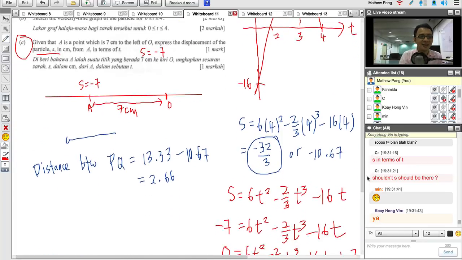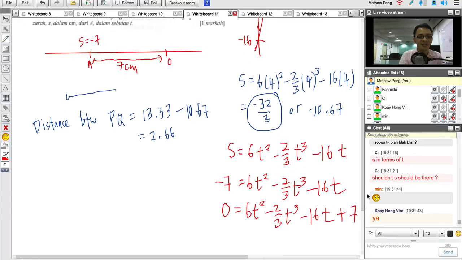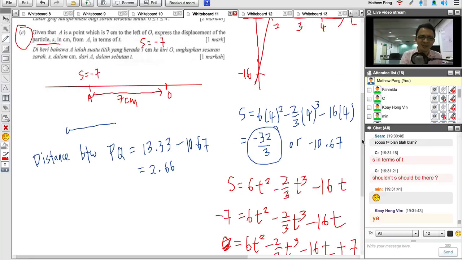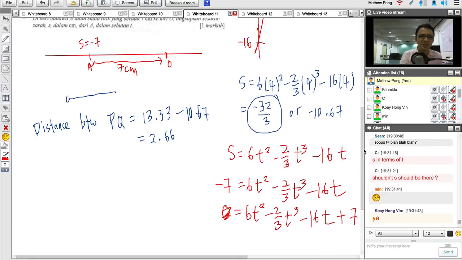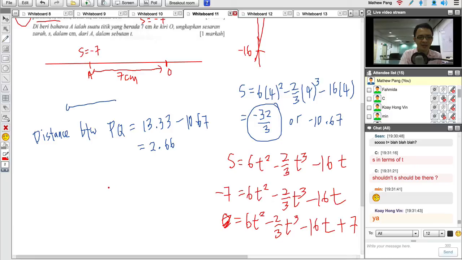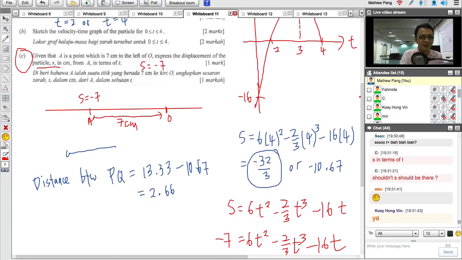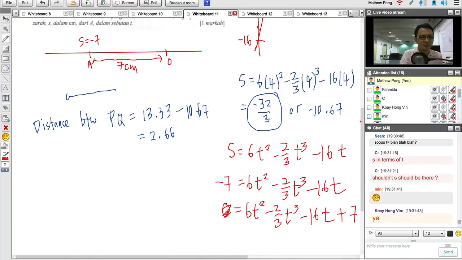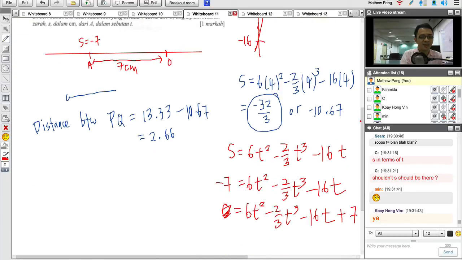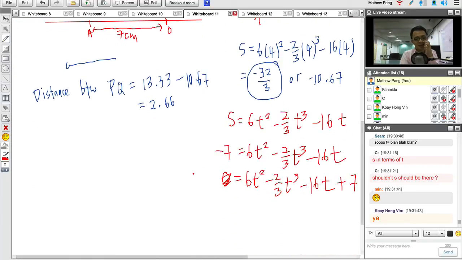So the particle S here in terms of t is just equal to -7 in terms of t. It's 7 cm. Oh, I understand already.